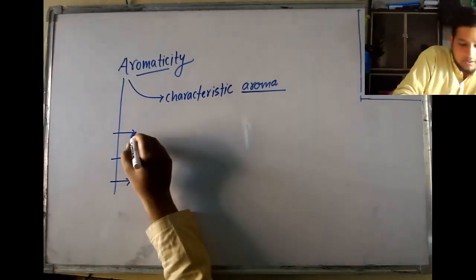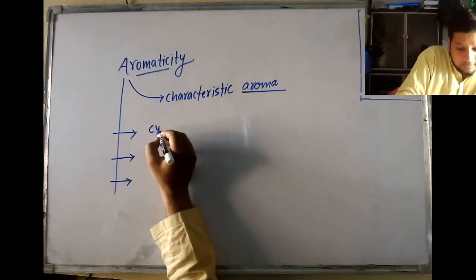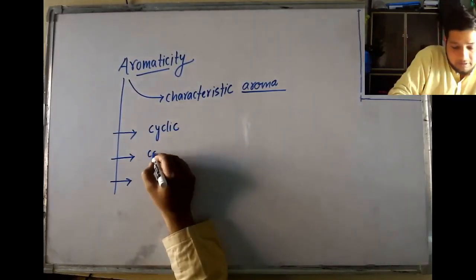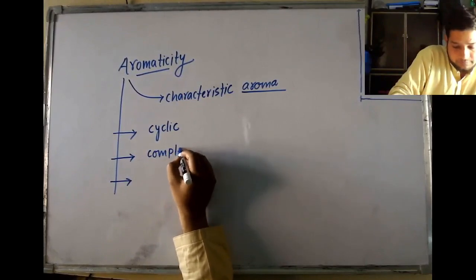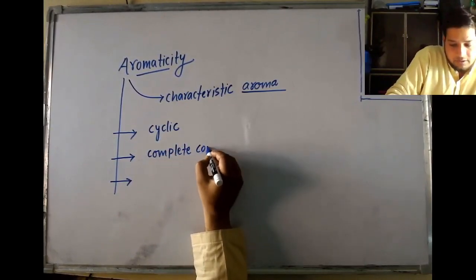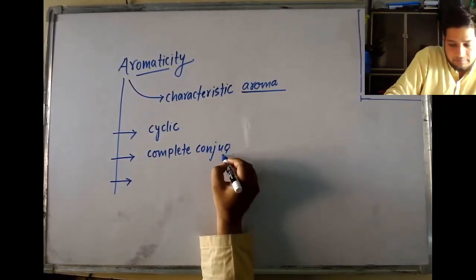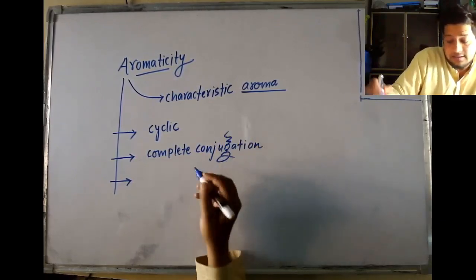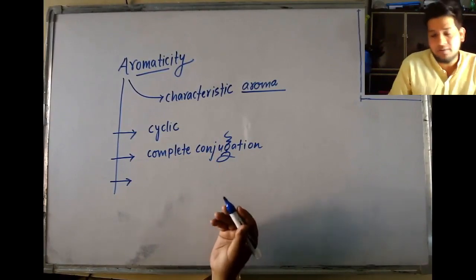First of all, the compound must be cyclic and it must have complete conjugation. The term we are describing is conjugation, or you can say complete resonance. The molecule should be resonance rich.